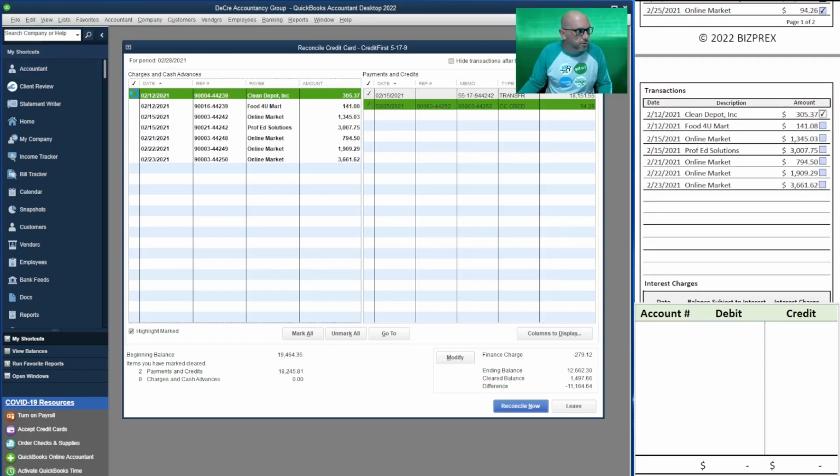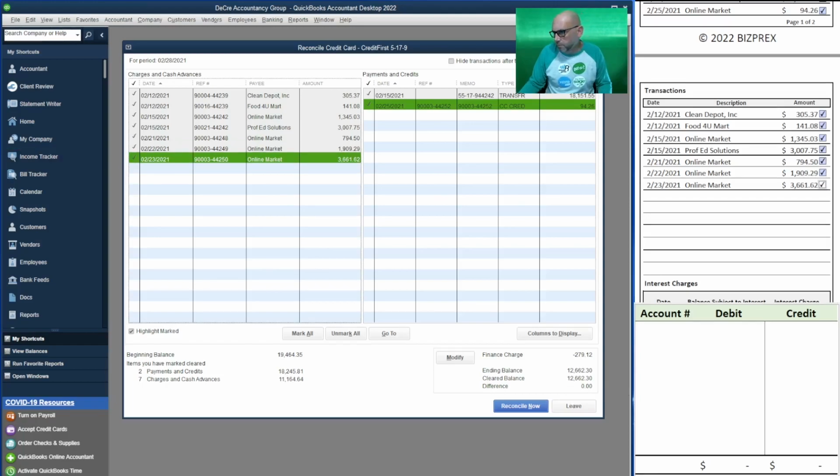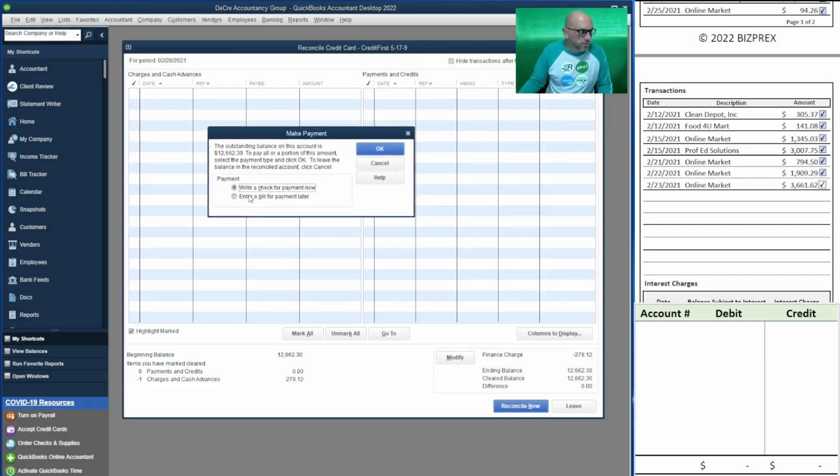Go ahead and reconcile those. We're at 0. That's the objective. That means we did everything correctly. We completed reconciliation. Let's go ahead and reconcile now.